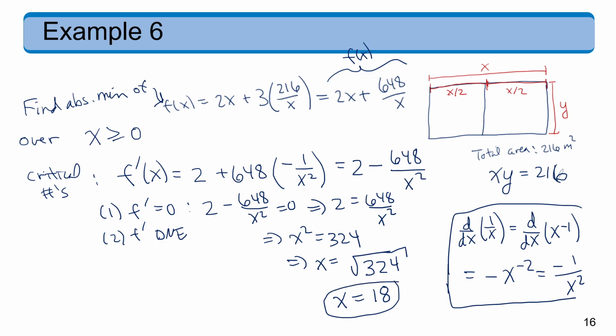Now case 2, values that make f prime undefined. Notice that f prime does have this fraction in it that would be undefined if x equals 0. So that's another critical number. All right, so I think we're running out of space, so we'll continue with our number line method now that we have our critical numbers, and we'll do that on the next slide.